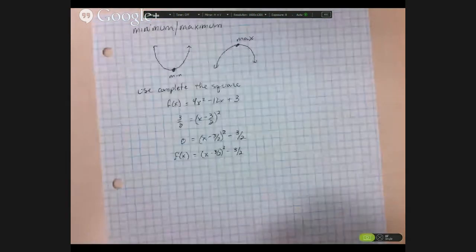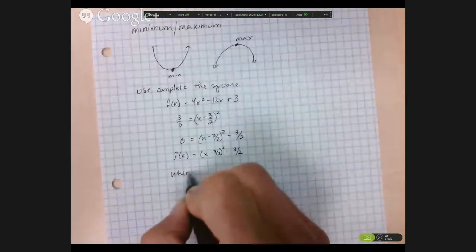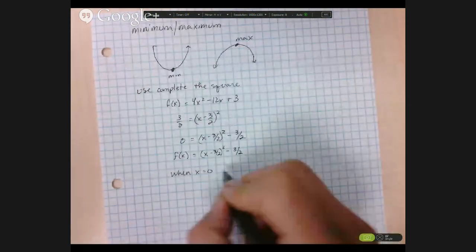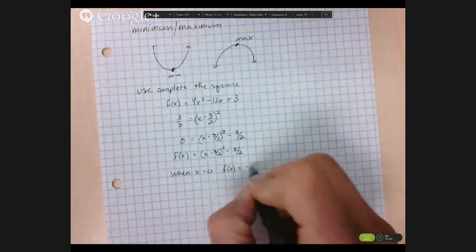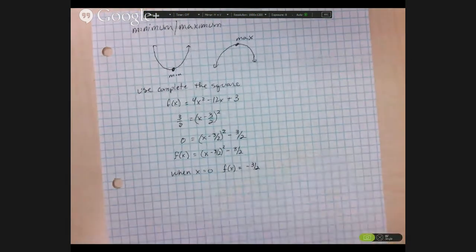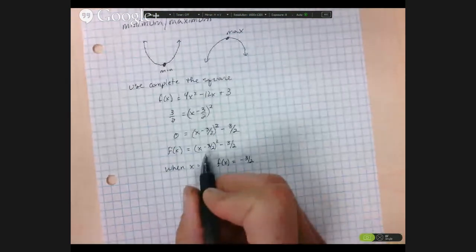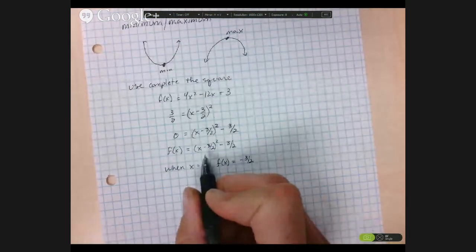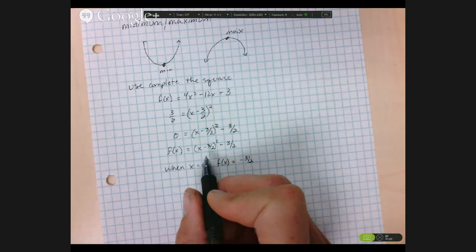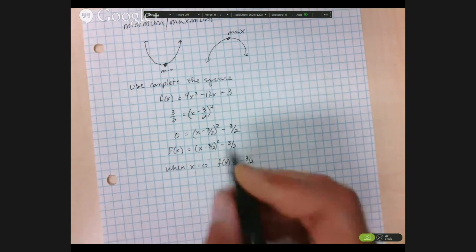All right. So our minimum when x equals 0 is when our... something's not right here. Sorry.